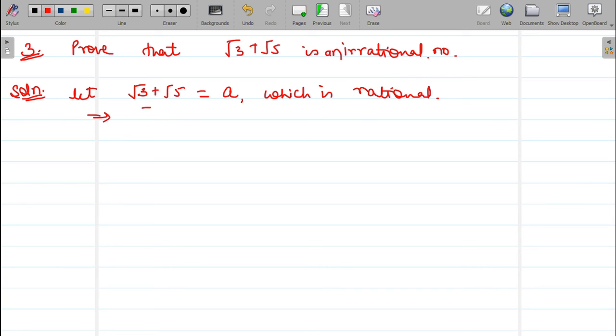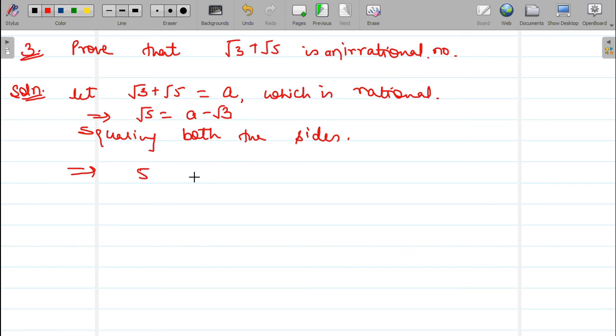This implies root 5 is equal to A minus root 3. Now squaring both the sides, we will get root 5 square is 5, and A minus root 3 whole square. We would have taken root 5 to that side, so in that case you will get the final answer in root 5 only.